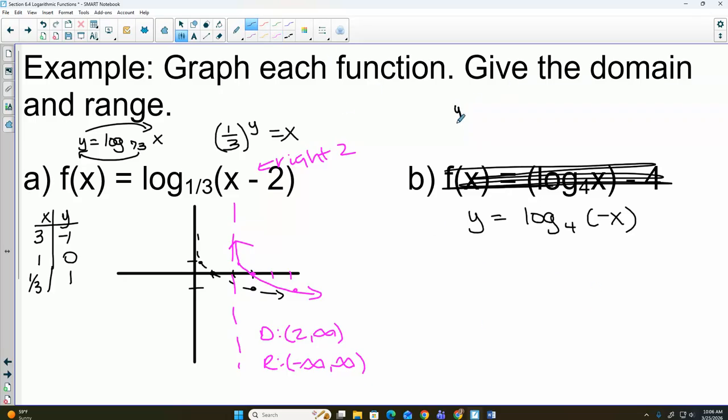B, I changed that one. So our parent function is y equals log base 4 of x. So 4 to the y equals x.